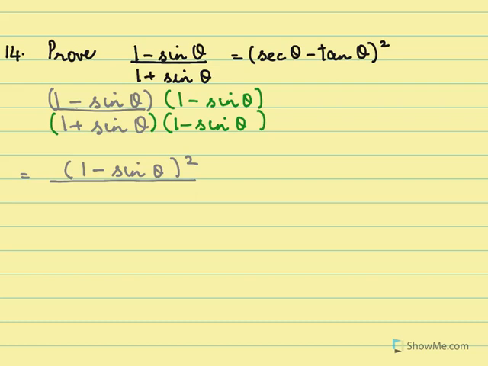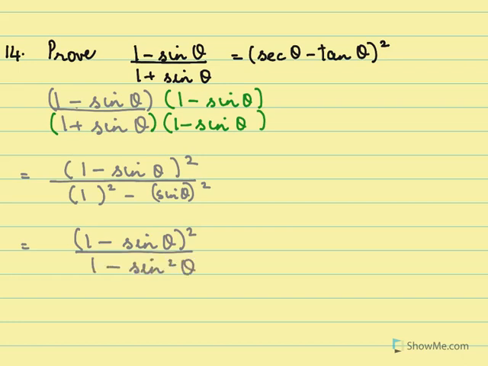In the denominator, a plus b, a minus b. 1 plus sin theta, 1 minus sin theta. So a square minus b square. So here you have 1 minus sin theta the whole square and 1 minus sin square theta.